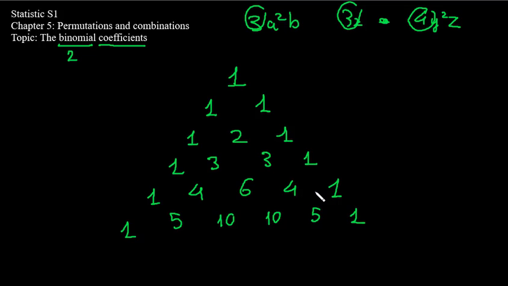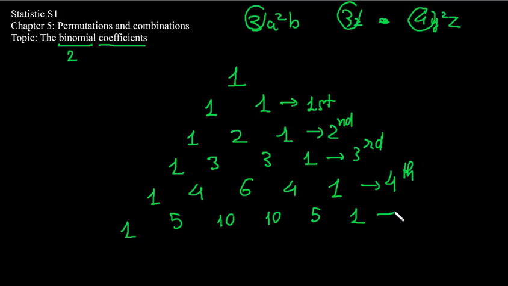Look at this one. We can consider this the first row, the second row, the third row, the fourth row, and this one is the fifth row, and so on.